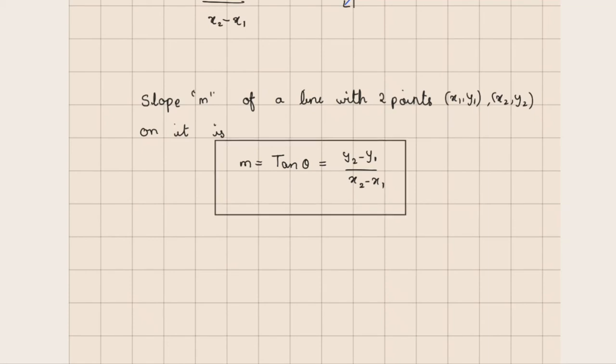This is the slope of a line. Let's do a small problem for your understanding. Find the slope of the line with points (5, 7) and (9, 8).